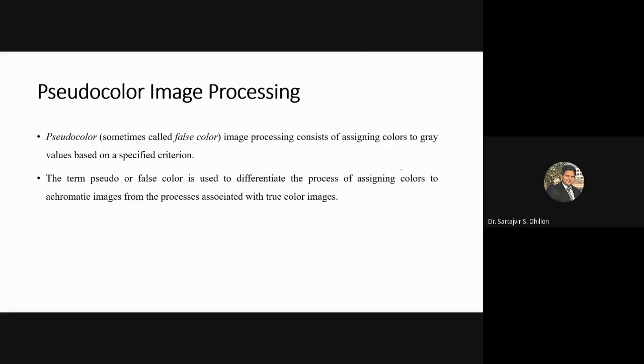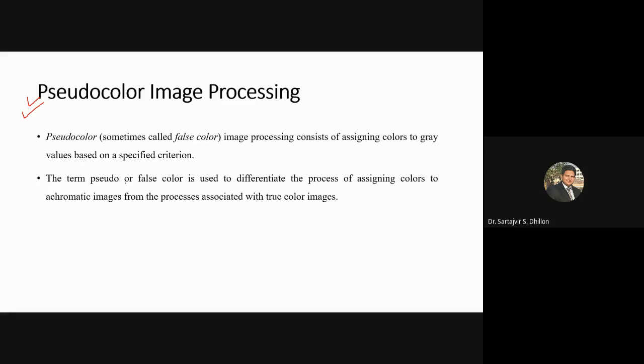And now the next important topic is pseudo color image processing. Pseudo color is actually a false color image, which is totally different from a true color image. This kind of image processing consists of assigning colors to gray values based on a specific criterion.